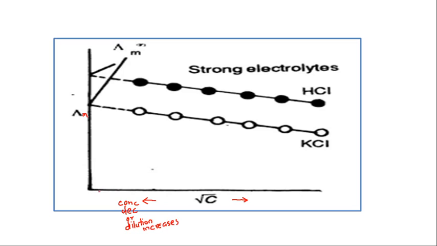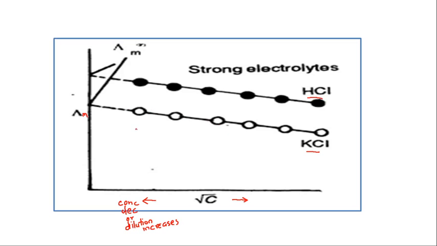Now, if I plot a graph like this for strong electrolytes like KCl and HCl, you get a straight line graph.